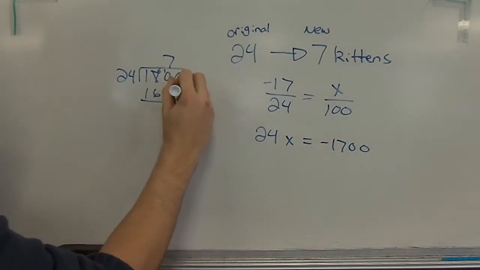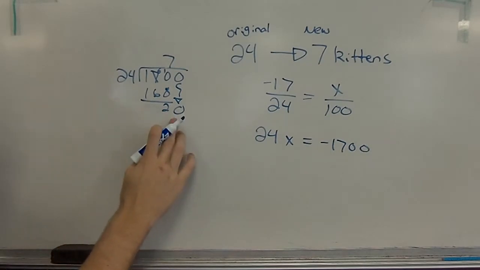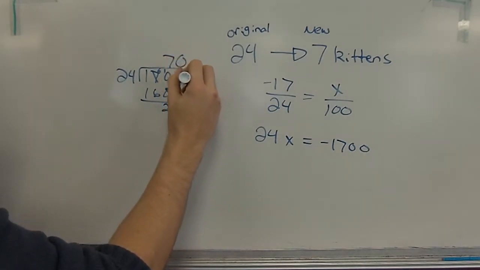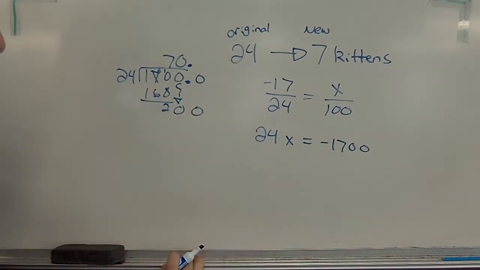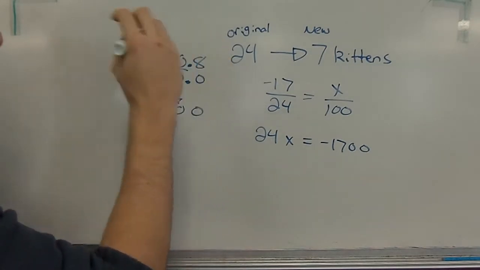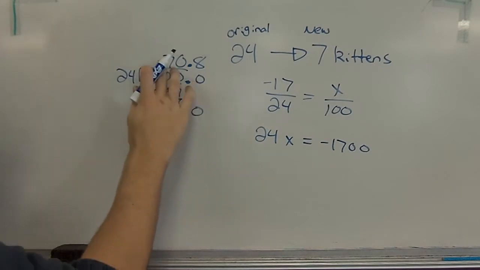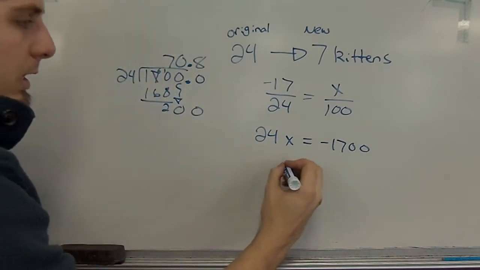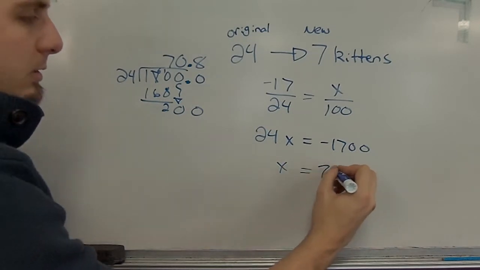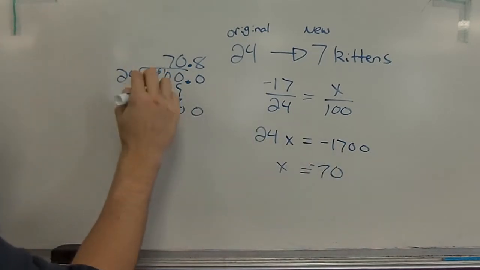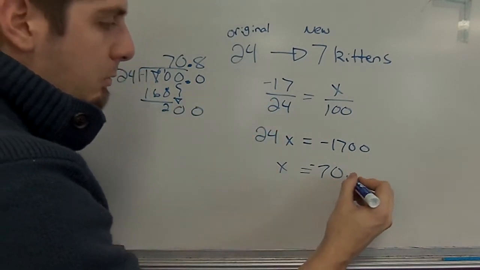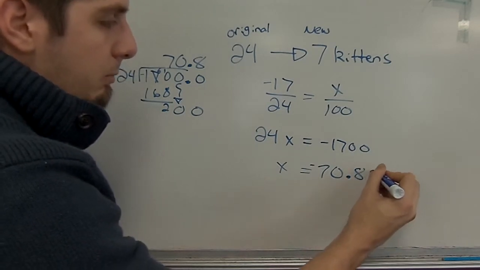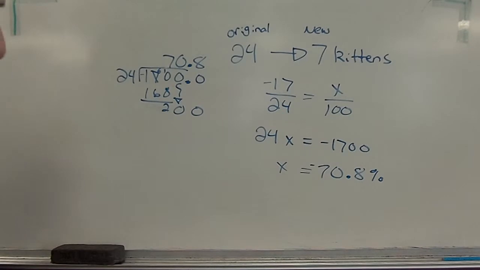Left with 2, drop down the 0. 24 goes into that 0 times. Drop down another 0, and 24 will go into that 8 times. We're going to round it right there and stop 1 decimal in. So x would equal roughly a negative, because remember this was a negative 1700, so we have a percentage of decrease. X is going to equal roughly a negative 70.8% decrease.